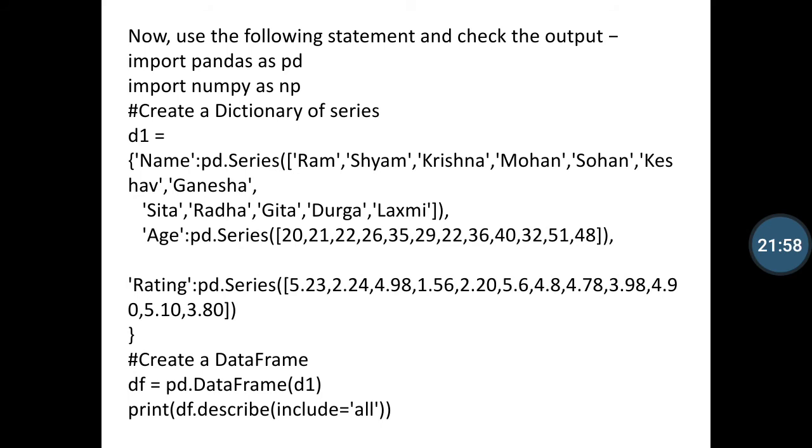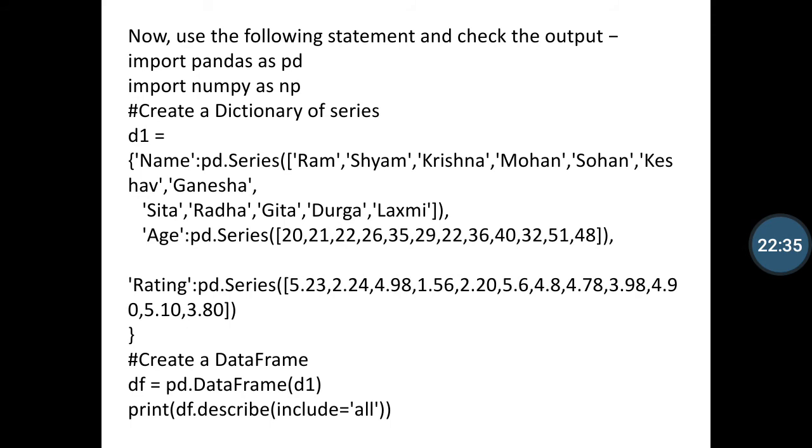D1 is equal to name colon pd dot Series and put the names, and then age pd dot Series, put the age values as integer or number values, and the rating colon pd dot Series, put the rating values as float type values 5.23, 2.24, and so on, the last value 3.80, and close the bracket and close the curly brackets as per the dictionary type data structure.